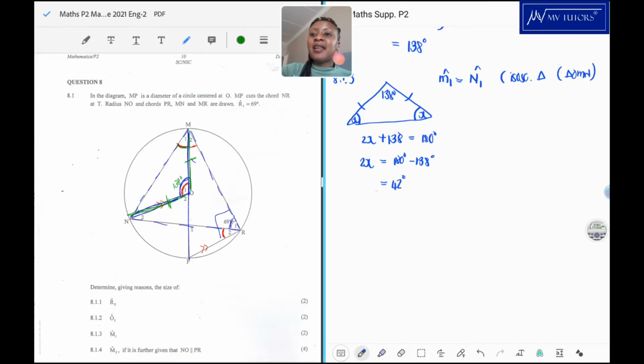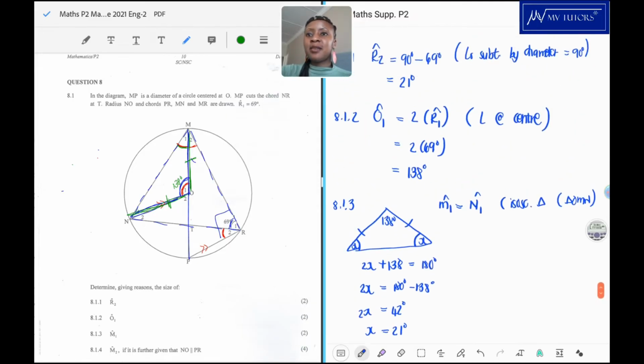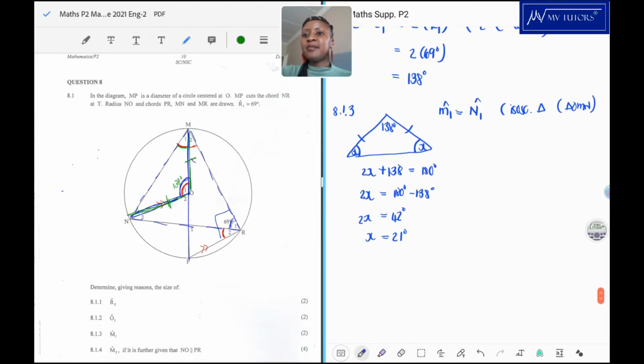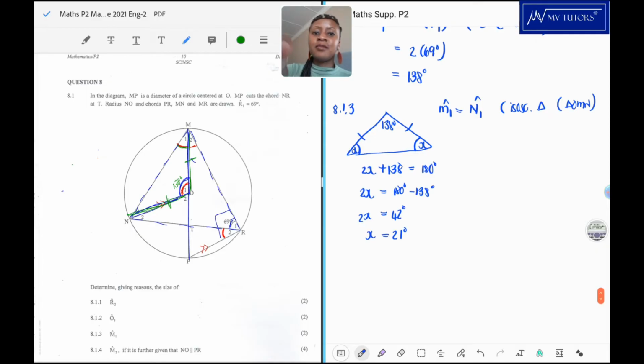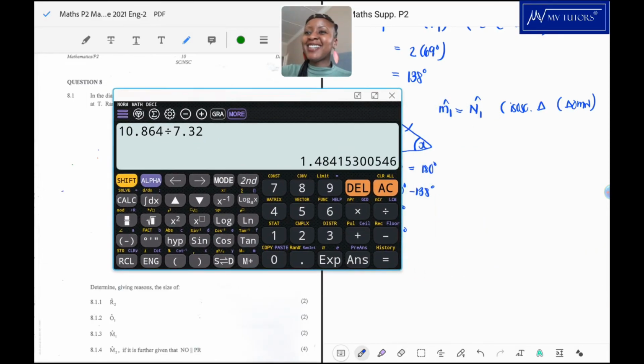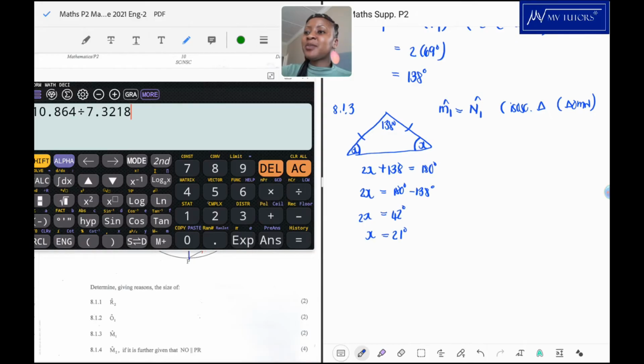And then we know that x is going to be equal to 21 degrees. It's the same as R2, I suppose. Let me just check. We have a calculator here, but it should be right.